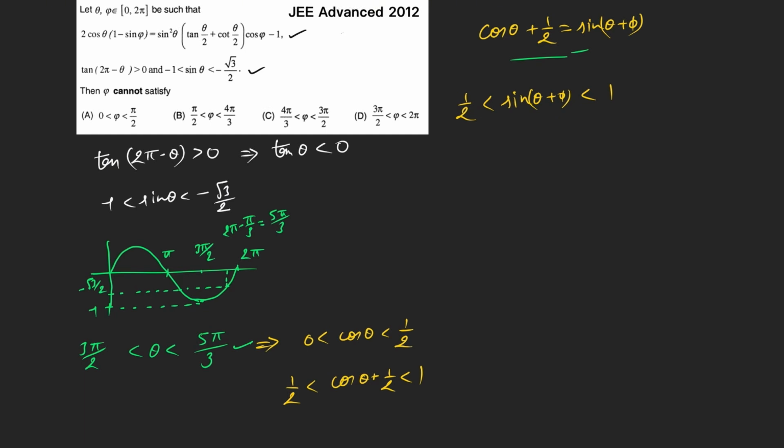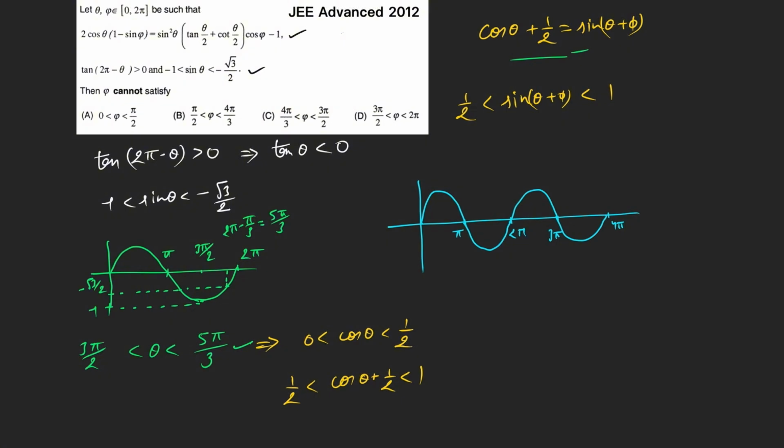And again, we will use the graph of sine to determine the range of theta plus phi. And we know that both theta and phi are between 0 to 2 pi. So theta plus phi can be between 0 to 4 pi. So let's plot the graph of sine between 0 to 4 pi. So this is our plot for sine between 0 to 4 pi.